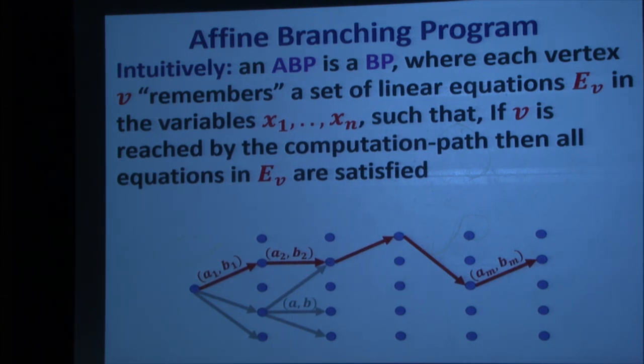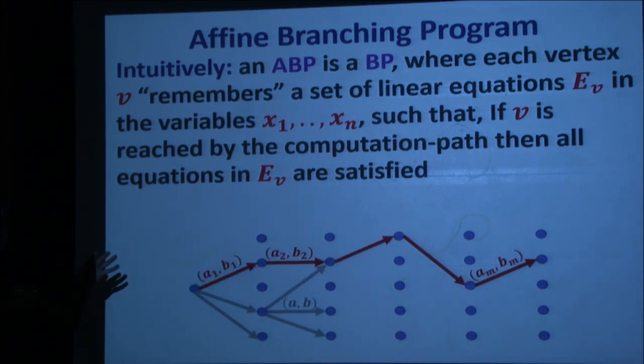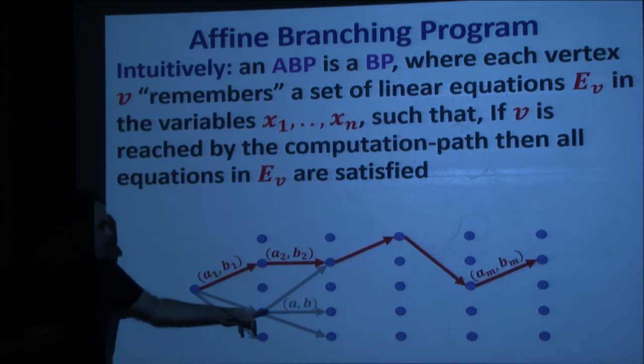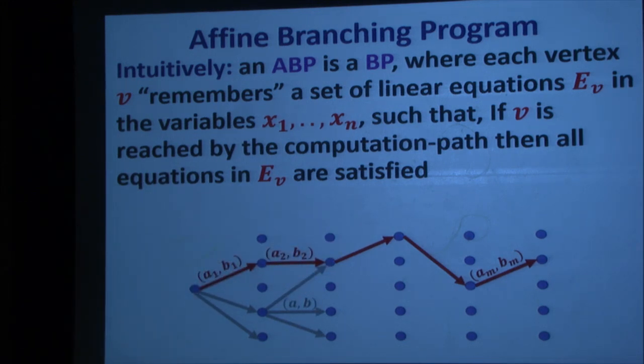Yes? How hard are you willing to work to get those EVs? As hard as you want. As long as you use a branching program of width d and length m, you can do anything that you want. These edges can go to any memory state. I don't restrict it.